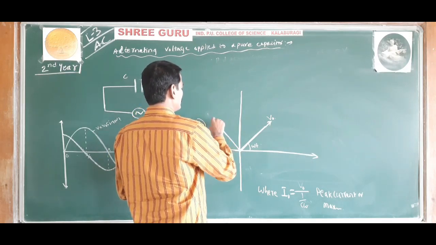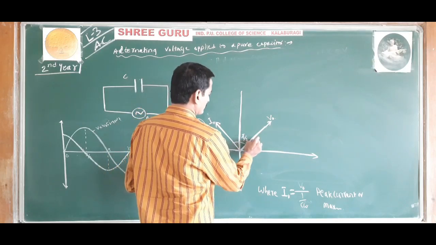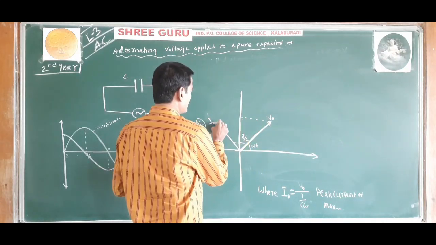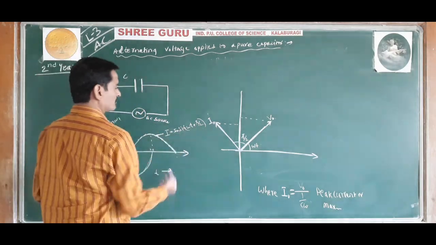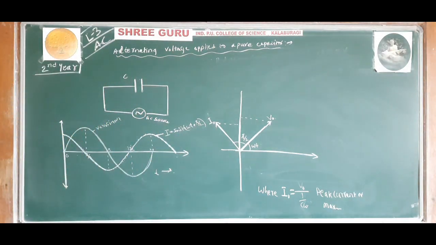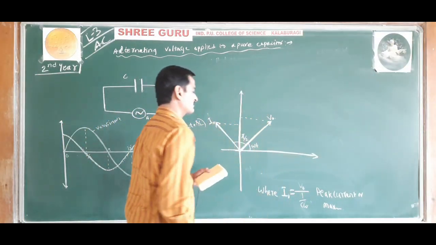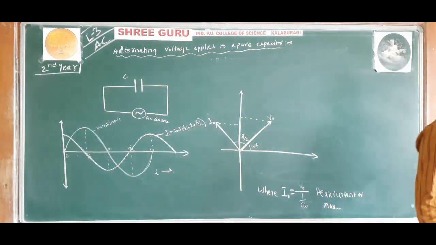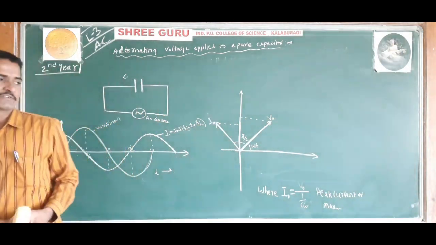This is the maximum current I naught. From here to here the angle is pi by 2. Understood? So this is the phasor diagram for a pure capacitive circuit, that is, voltage lags behind the current by an angle of pi by 2.